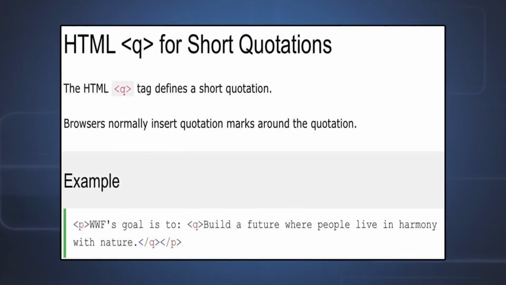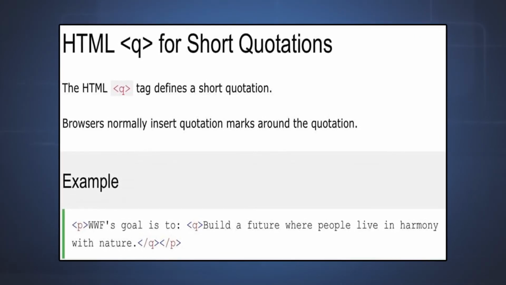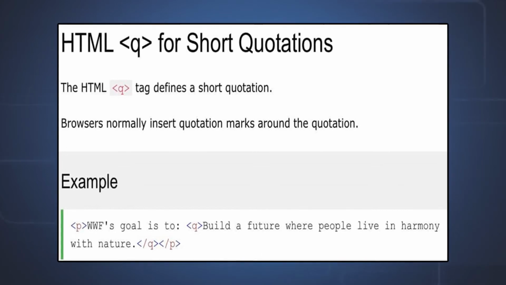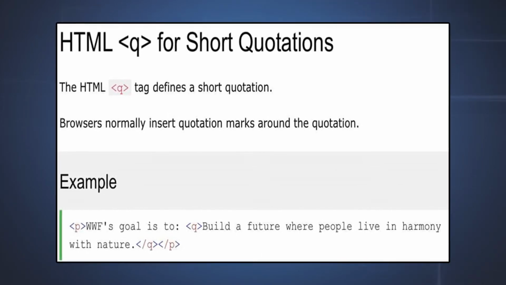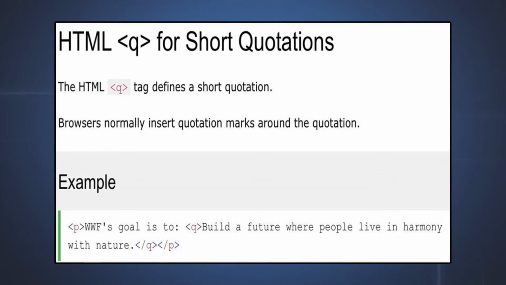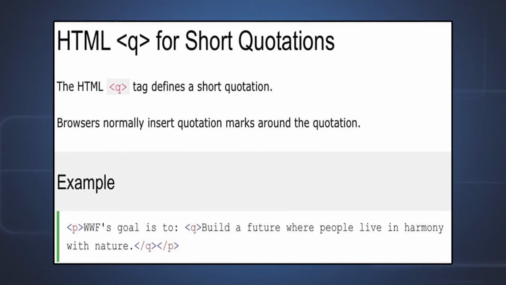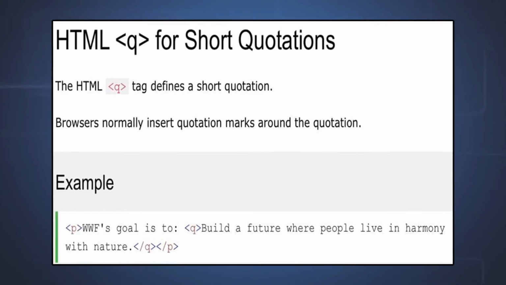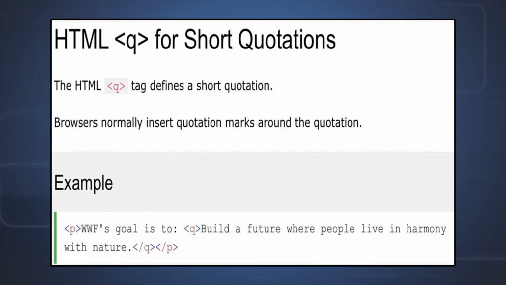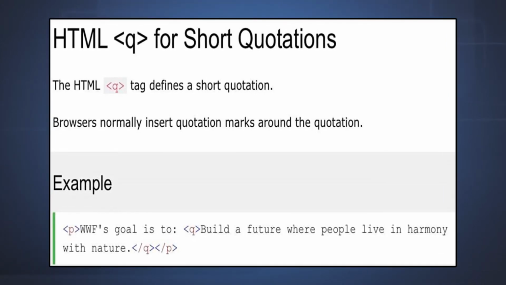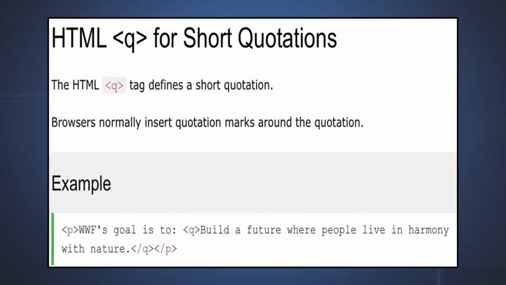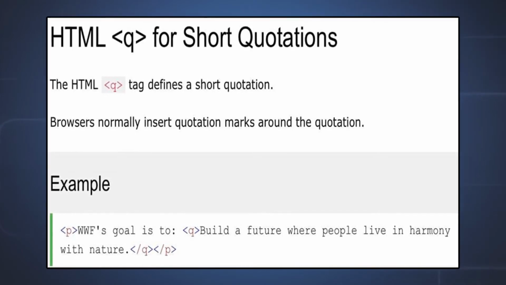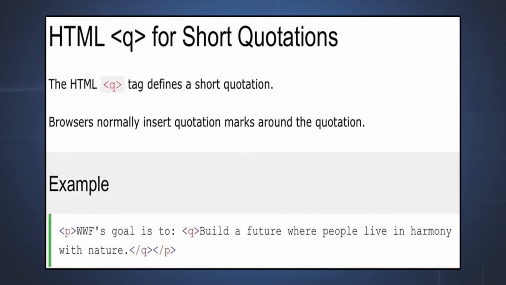That portion can be treated as a quote, so we put this statement between the q tags: starting q, ending q, and the entire thing is placed under the p tag. Things start as a paragraph, then we have a quote also.